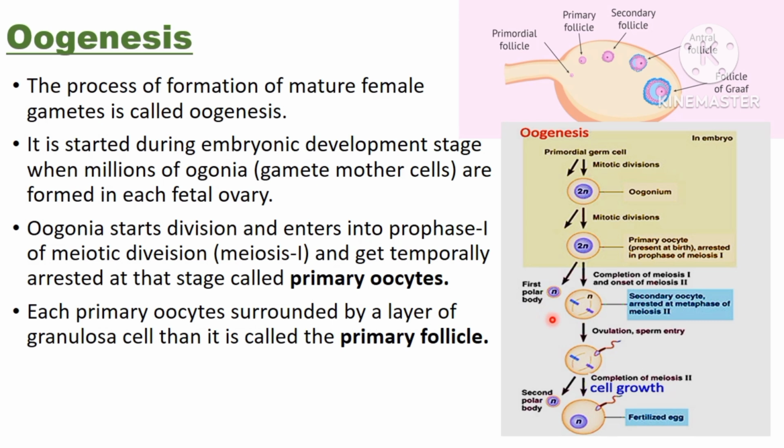This secondary oocyte is again arrested at the metaphase of meiosis 2. At puberty, one primary oocyte completes meiosis each month, producing a large secondary oocyte and a smaller polar body. The secondary oocyte enters meiosis 2 but pauses at metaphase 2 until fertilization.